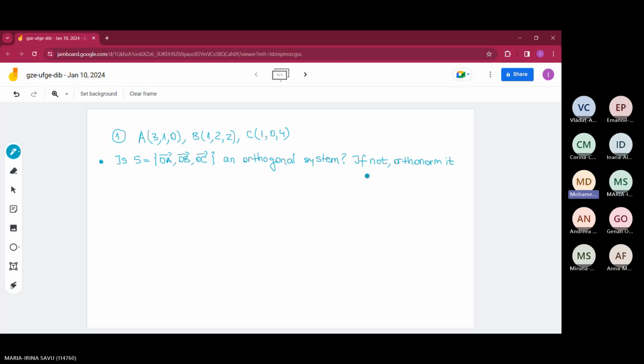And the second one is to find the altitude of tetrahedron OABC, which corresponds to triangle ABC.